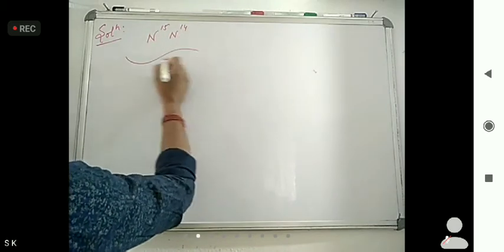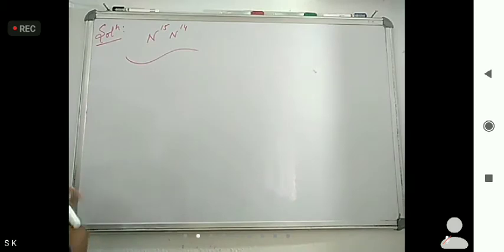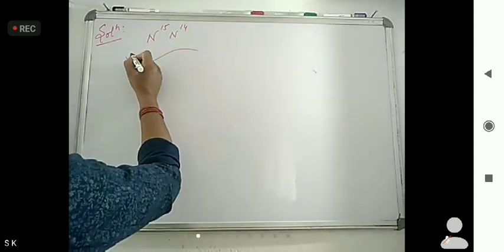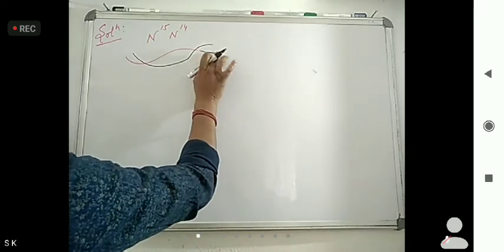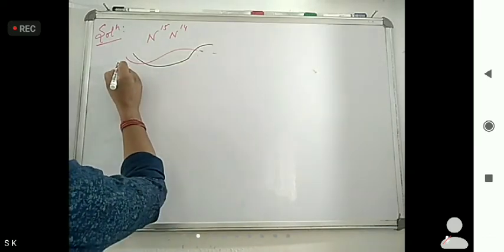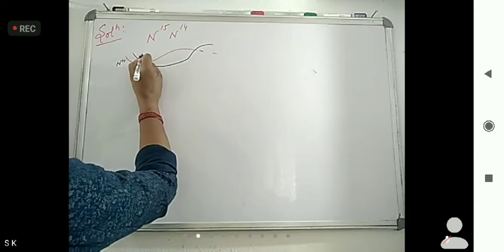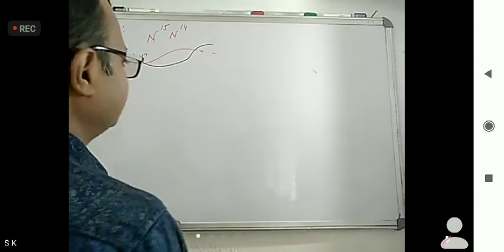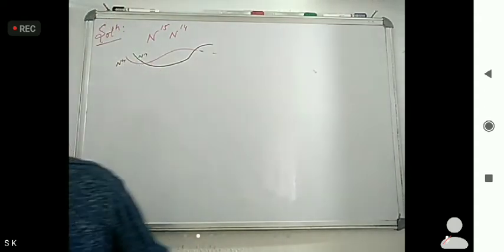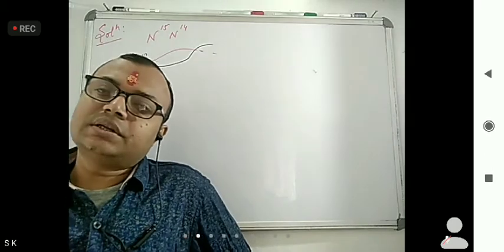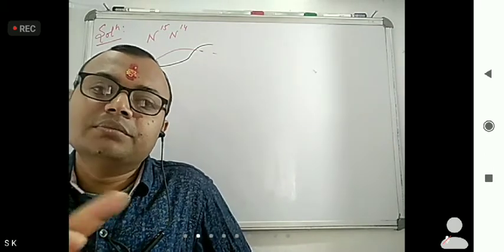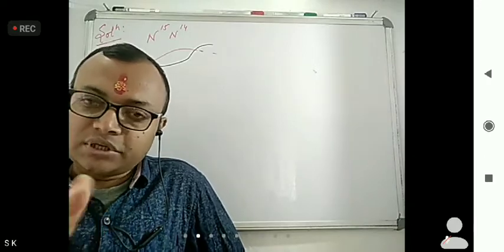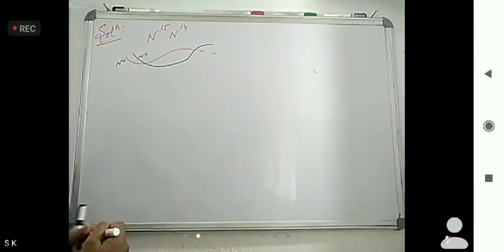Okay. This is N15, this is N14. Now they are telling that this is continuously kept in N14 medium thrice. So thrice means 60 minutes.